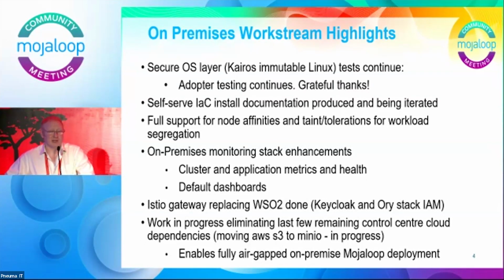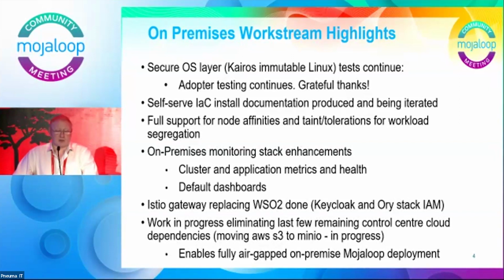It's a generation ahead of WSO2, so that's a significant evolution of our stack there. Backing that, we're using some off-the-shelf open source standards compliant identity and access management solutions, Keycloak, which is very commonly known and used, and the Ory stack.